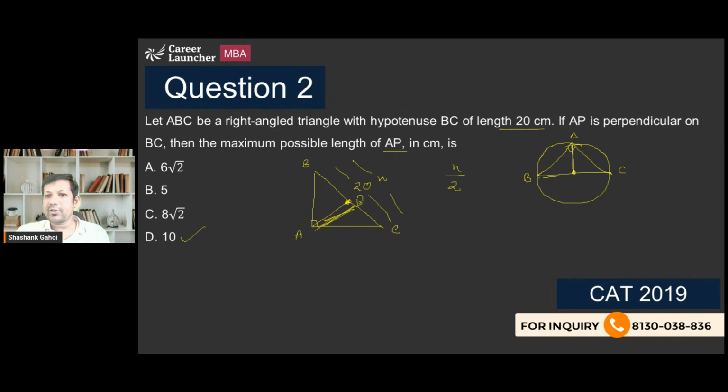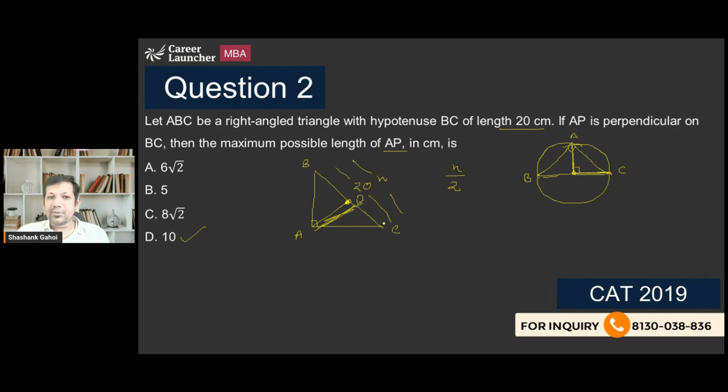The length of the perpendicular can never be greater than the radius, that is, half of the hypotenuse. Anyhow, we are going to cover this concept in the session of geometry, in the session of circles. But for now, you can remember that the length of the perpendicular on the hypotenuse can never be greater than half of the hypotenuse.